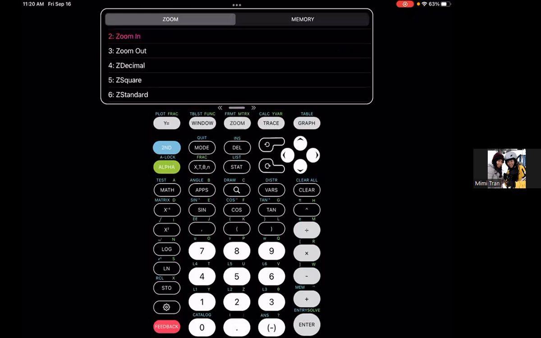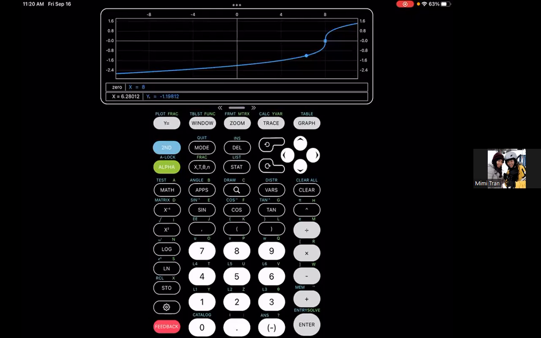Let me do zoom 0, see what happened. Zoom 0. Yeah, I think I like zoom 0 better. Depend. You can adjust your window as well. You go to window here and then adjust it.